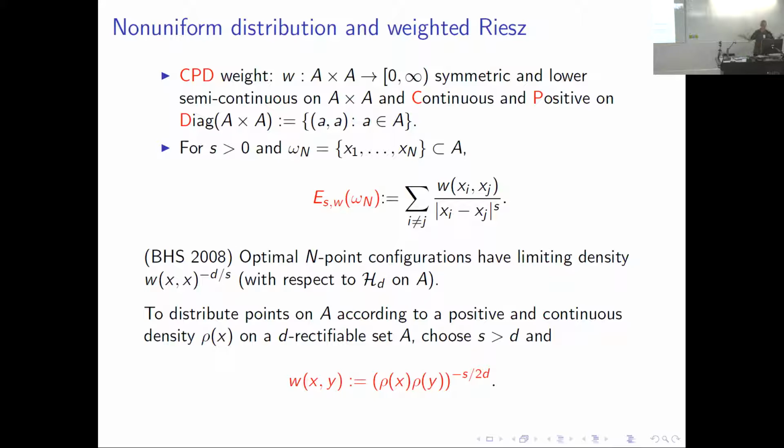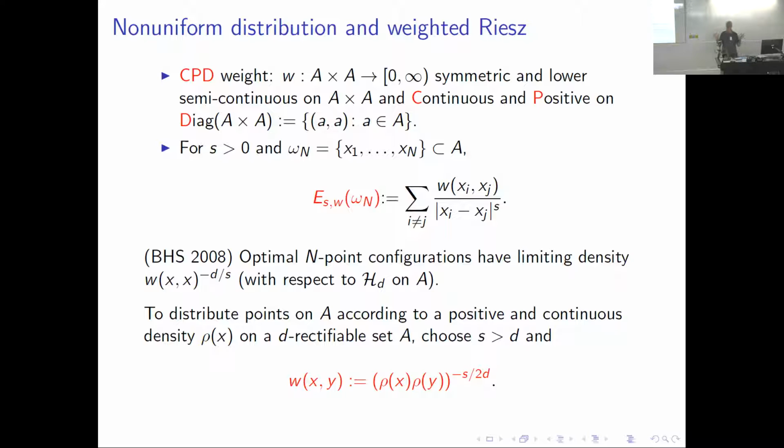So you've got some target distribution on some region, and you want to come up with an optimization problem that in the limit of a large number of points generates this. Also, because of the repulsion that we build in, they have nice separation properties.